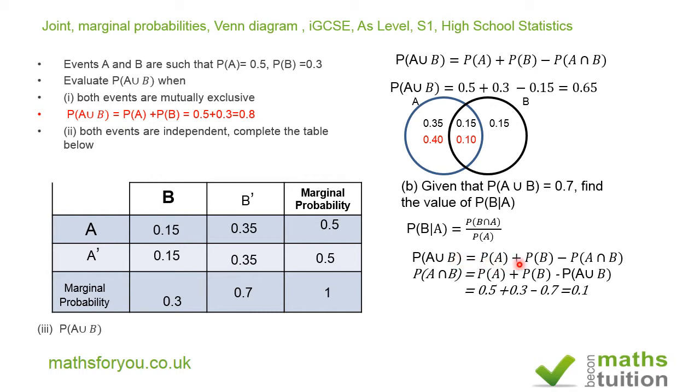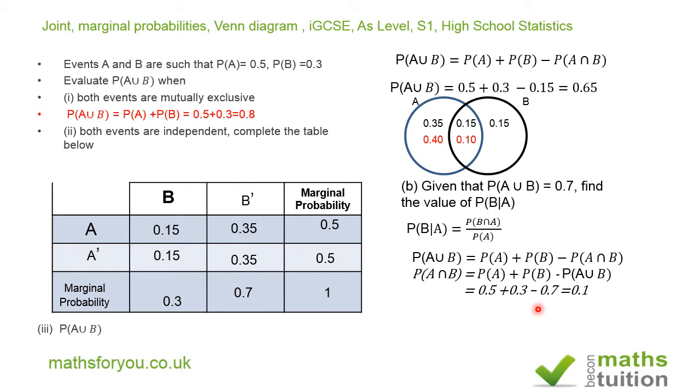The probability of A union B we know is the probability of A plus the probability of B minus the probability of A intersection B. We now want to make that the subject, which becomes the probability of A plus the probability of B minus the probability of A union B, which is 0.5 plus 0.3 minus 0.7, and we end up with 0.1.